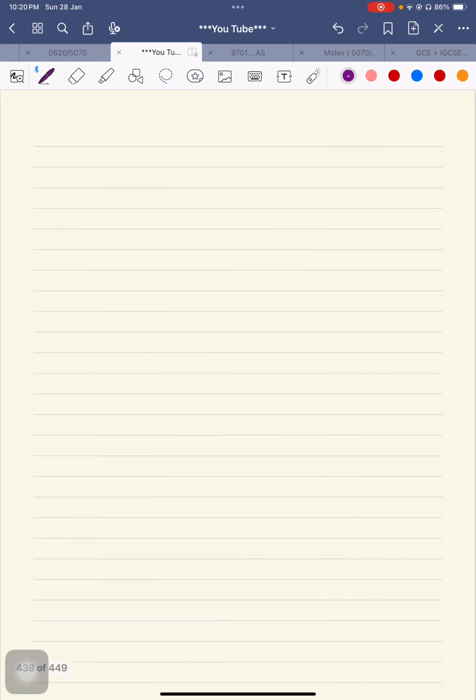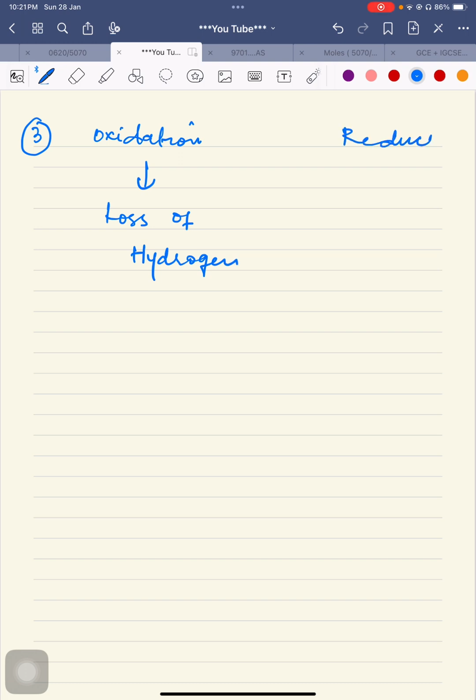Then we are going to implement the third definition of redox, the oxidation and reduction, and that is about hydrogen. So what about the oxidation? Oxidation is loss of hydrogen, and reduction is gain of hydrogen.